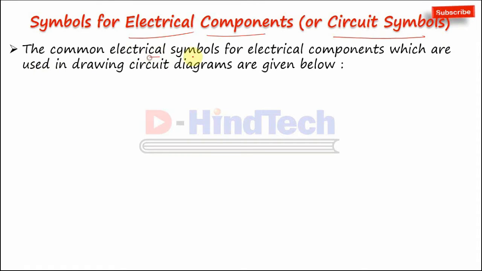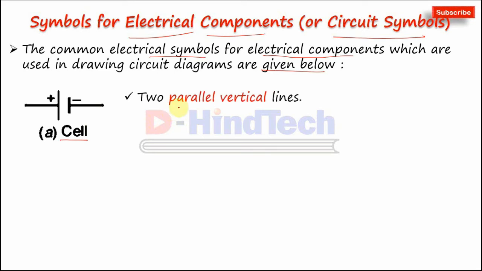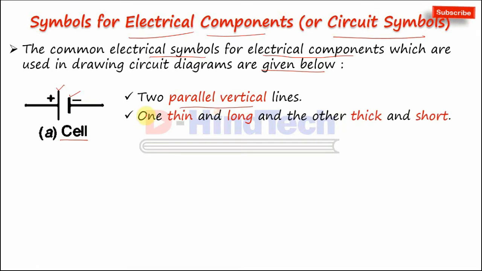Some common electrical symbols for different electrical components are given below. Here is the first symbol, that is for a cell. In this image you can see two parallel vertical lines, one thin and long and the other thick and short.